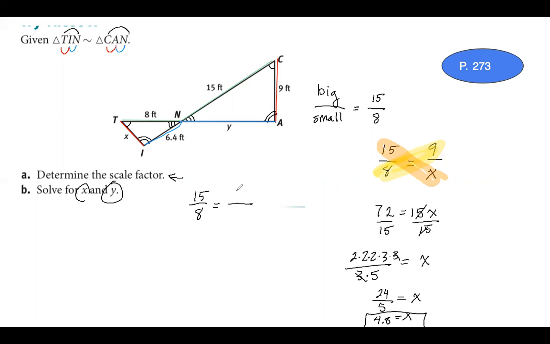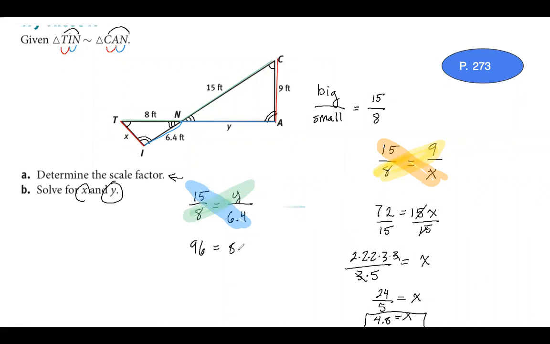because that gives me my scale factor. And then I'm going to make sure I put y on top because y is the side length from the big triangle, and 6.4 on the bottom because 6.4 is the side length of the small triangle. I can cross multiply here. Stick with the cross multiplying. 15 times 6.4 is 96.